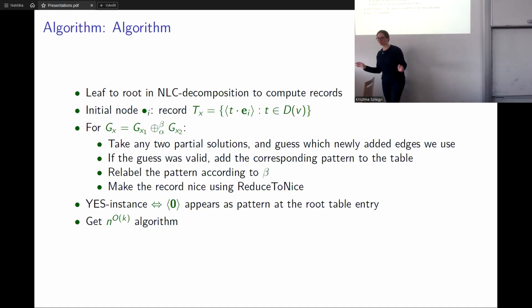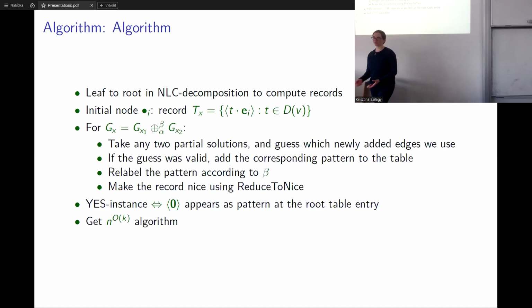Guess here just means, of course, we try all the possible subsets of edges, and we see if this subset of edges combines with the two partial solutions of the two graphs that we started with. If the union of the guessed set of newly added edges and the two partial solutions doesn't have a cycle and the degree requirements are satisfied, we add the corresponding pattern to our dynamic programming table.